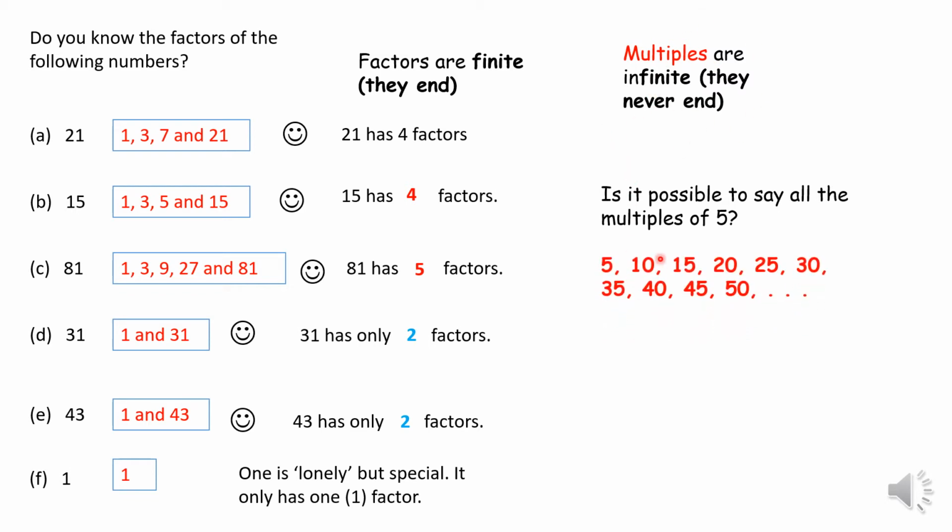If I was to ask you to find all the multiples of 5, you will realize that you will never end. That will be 5 times 1 is 5, 5 times 2 is 10, and it goes on and on because multiplication never ends. That is why when you are doing the lowest common multiple between two numbers, you are supposed to find the lowest common one. But I will do that on another occasion.